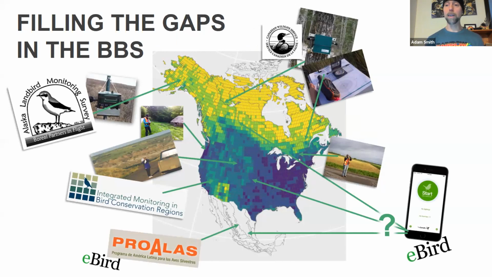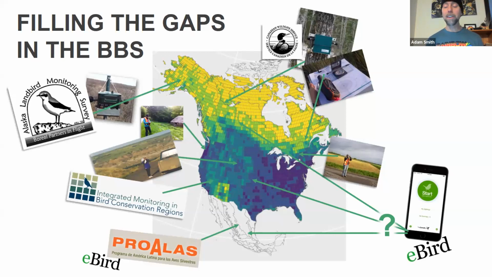In the south, a BBS style survey has been attempted in Mexico, and for practical reasons, it just wasn't sufficient. And so there are some gaps, and the BBS strategic plan includes plans to fill in some of these gaps.